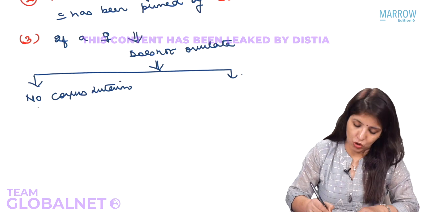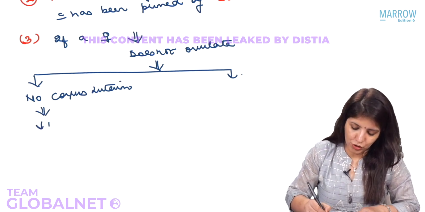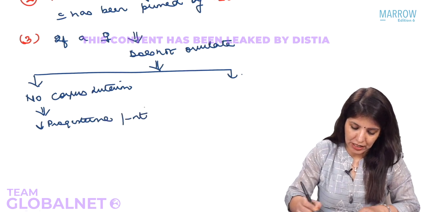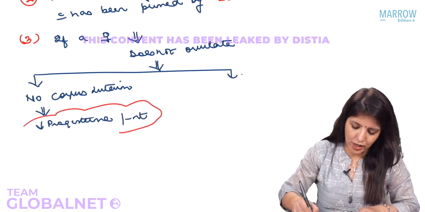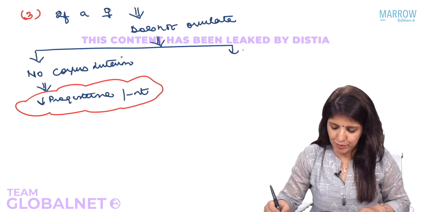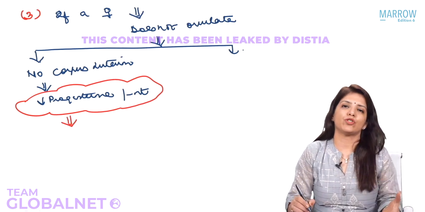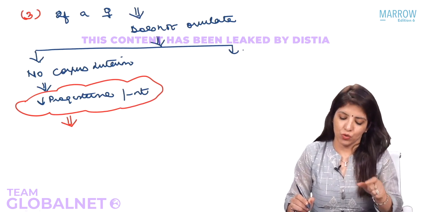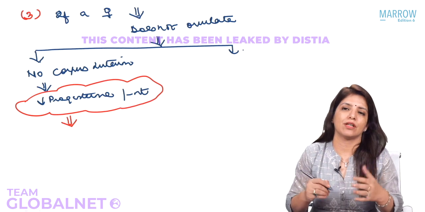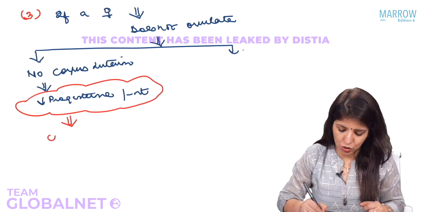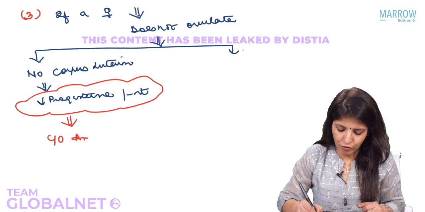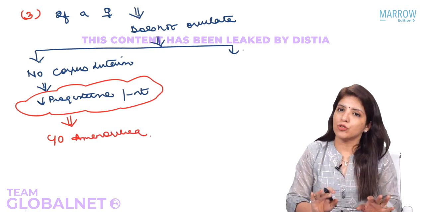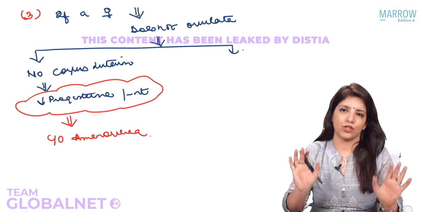And if there will be no corpus luteum, the levels of progesterone will be very low or progesterone will be absent. In either case, I am telling you, for menstruation to happen, the progesterone levels should be high and then they should decrease suddenly. So in this case, if the progesterone is absent or the levels are low, obviously the patient is going to come to you with a complaint of amenorrhea, right? So no progesterone means no menstruation, right?